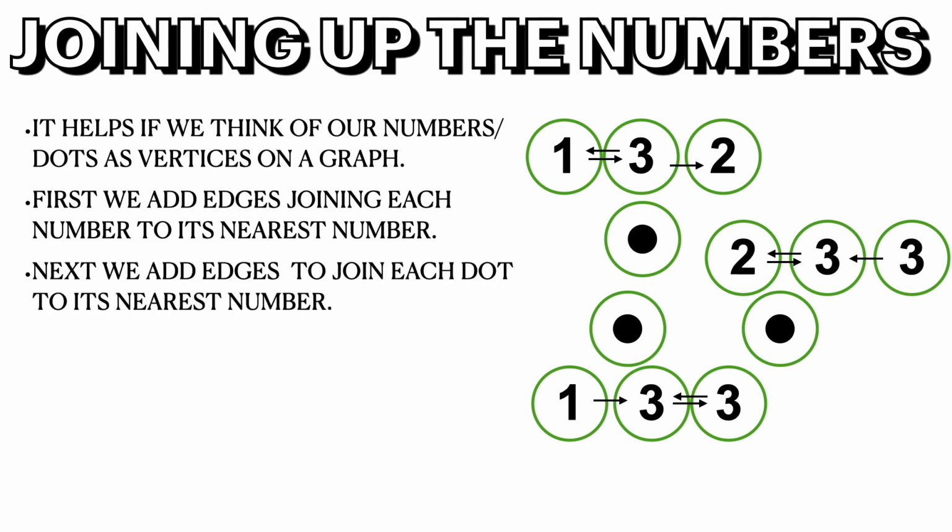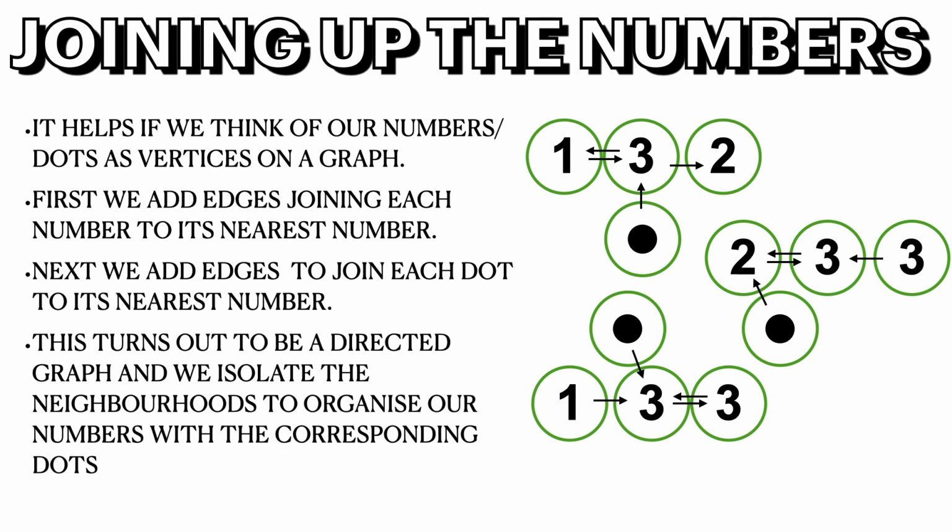And once we've done that, I found the next best step was to add edges connecting each dot to its nearest number. And so now you can see that each complete number and its dot is linked up, and I've done this just by assessing in two phases what the nearest neighbor was.